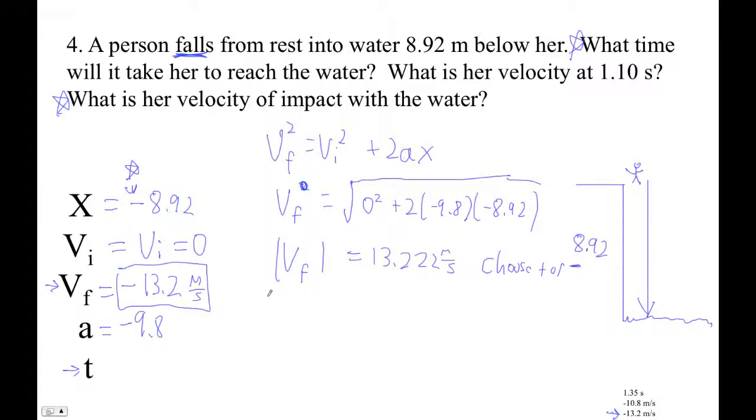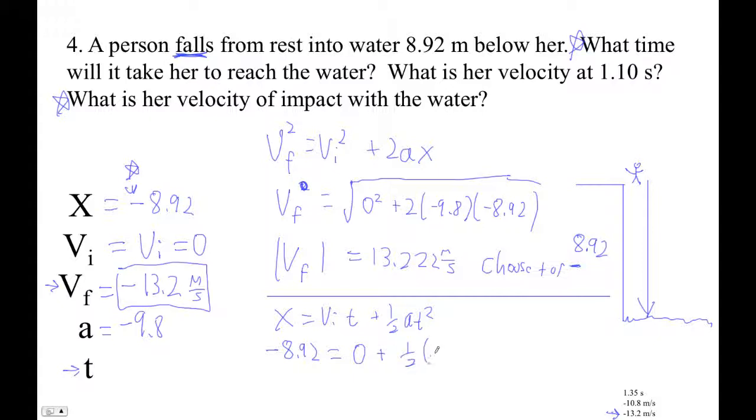And then we want to get our time. To find time, I think what I'm going to use is this guy: x is vi t plus 1/2 a t squared. So negative 8.92 is equal to 0 plus 1/2 times negative 9.8 times t squared.